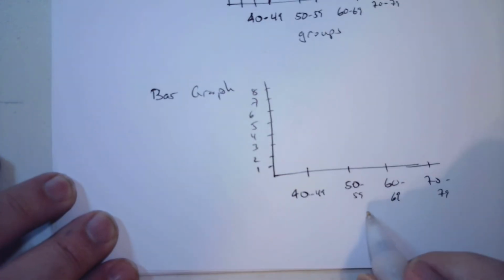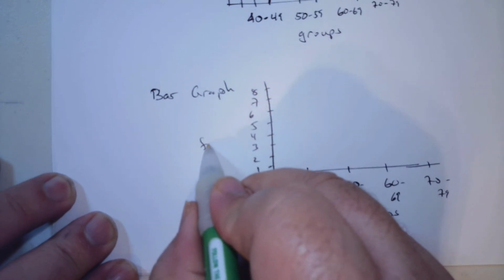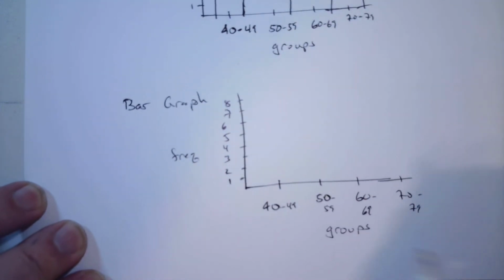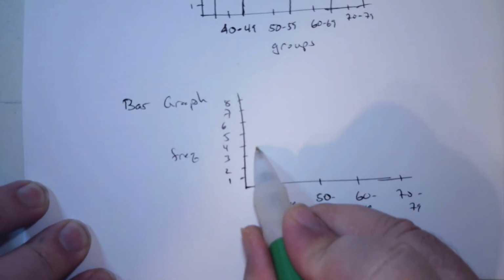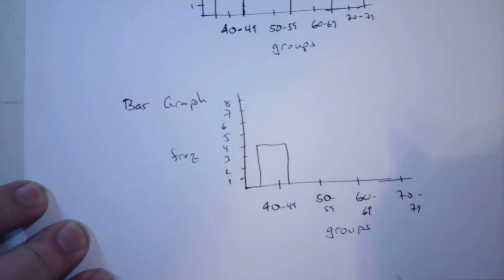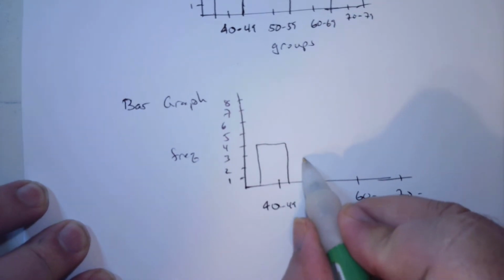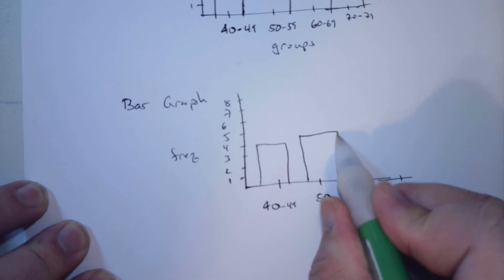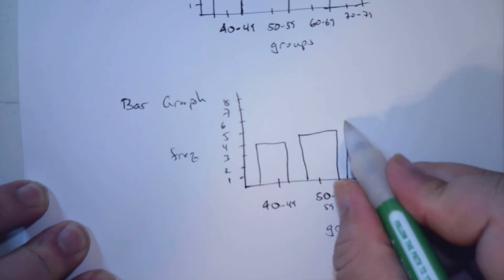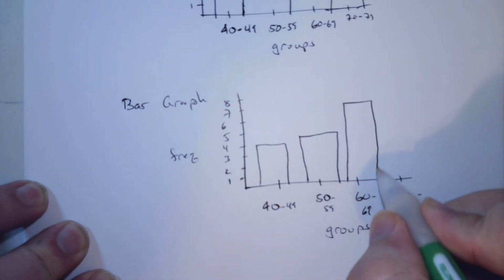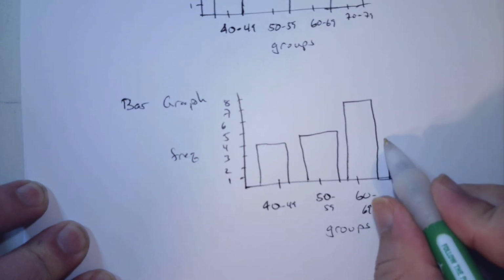Remember, this is our groups, and this is the frequency. So for the first one, we had 4. The next one, we had 5. The next one, we had 7. And the last one, we had 4.